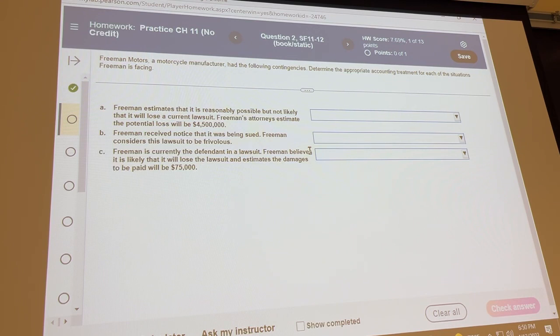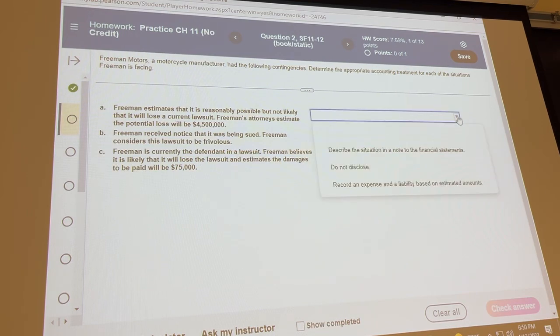Okay, next one involves contingent liabilities. It says Freeman Motors, a motorcycle manufacturer, had the following contingencies. Determine the appropriate accounting treatment for each of the situations Freeman is facing. Okay, the first one says Freeman estimates that it is reasonably possible, but not likely, that it will lose a current lawsuit. Freeman's attorneys estimate that the potential loss will be $4,500,000.